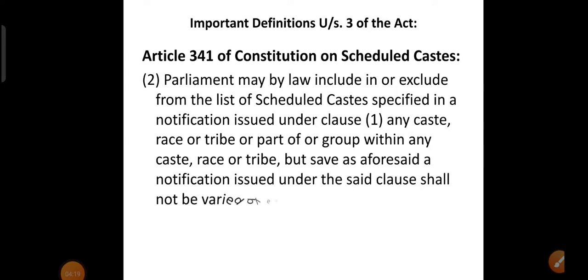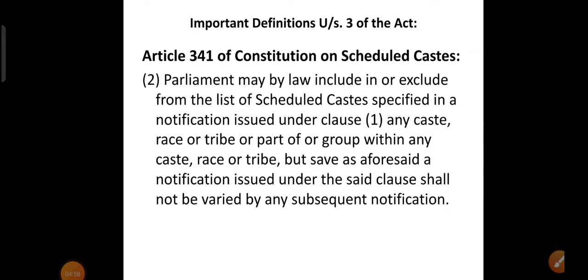So parliament may, by law, include in or exclude from the list of scheduled castes specified in the previous notification, that is clause 1, any caste, race, or tribe, or part of or group within such race, caste, or tribe, but save as aforesaid, the notification shall not be varied by any other subsequent notification. It has to be the same notification issued under clause 1 and not subsequent to parliament's enactment.